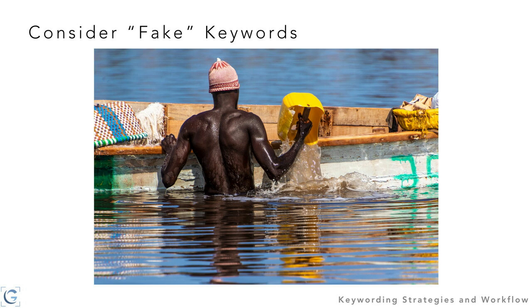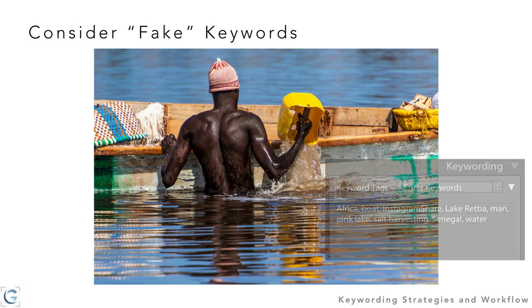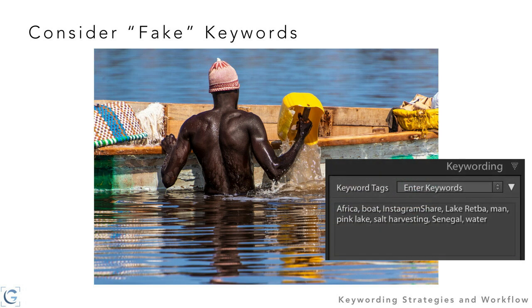So if I want to find this photo, I might search for Lake Retba, or perhaps more likely, I will have forgotten the name of the lake, and so I will want to add Lake Retba as a keyword initially so that I can then find the image and remind myself of exactly what the name of the lake was. And so I would add a variety of keywords, both in terms of describing the contents of the image, but also maybe some of the concepts of the image.